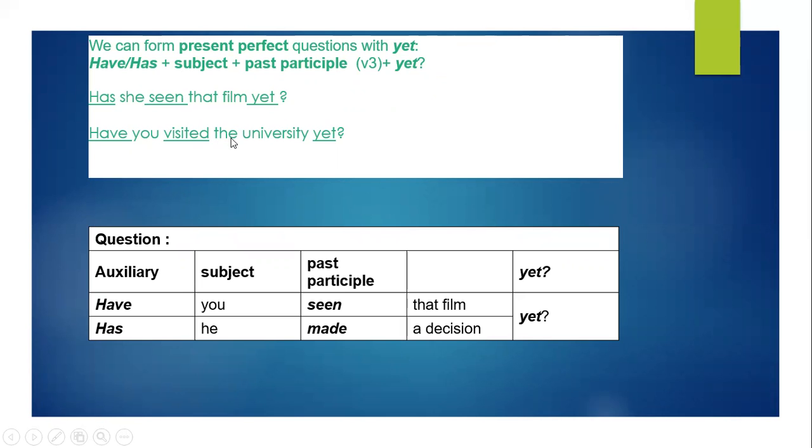Have you visited the university yet? Here we start the question with has or have: have for plural and has with singular. Here we use verb 3 and we put yet at the end of the question, and don't forget the question mark.